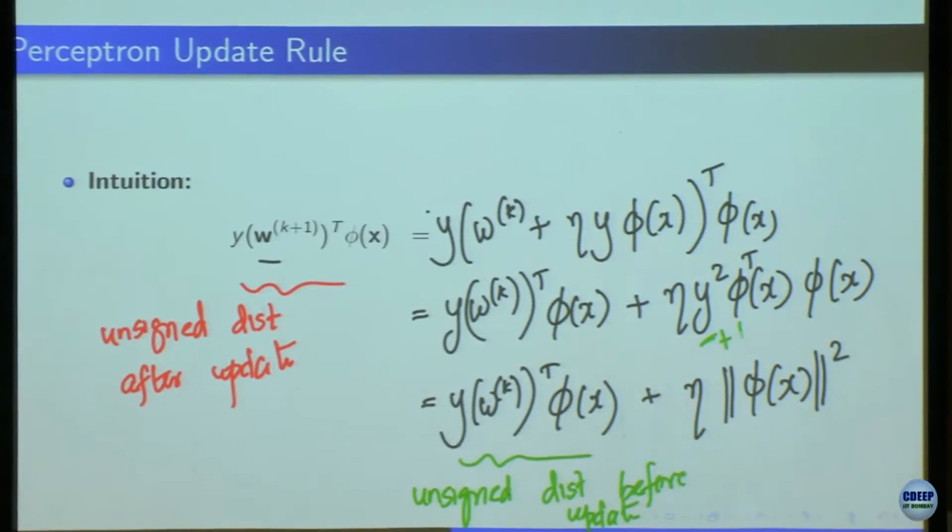Y square is always plus 1, and phi transpose phi x is norm phi, which is always positive, plus a positive quantity. So what do you see?